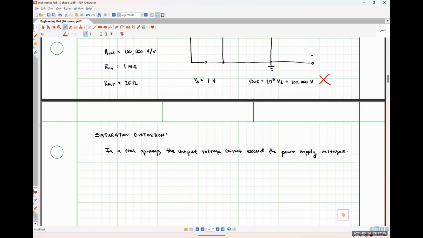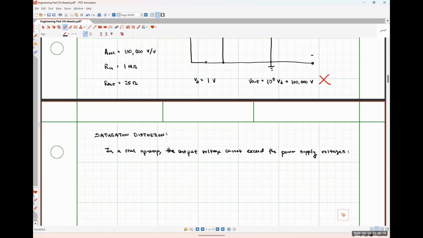And I'm going to give us a mathematical definition here in just a second. So I want to add a couple of comments to this. What I mean by it cannot exceed the power supply voltages is the output will never be more positive than the positive supply voltage, and it will never be more negative than the negative supply voltage. So those supply voltages represent the absolute maximum positive value and absolute maximum negative value that you could ever see.